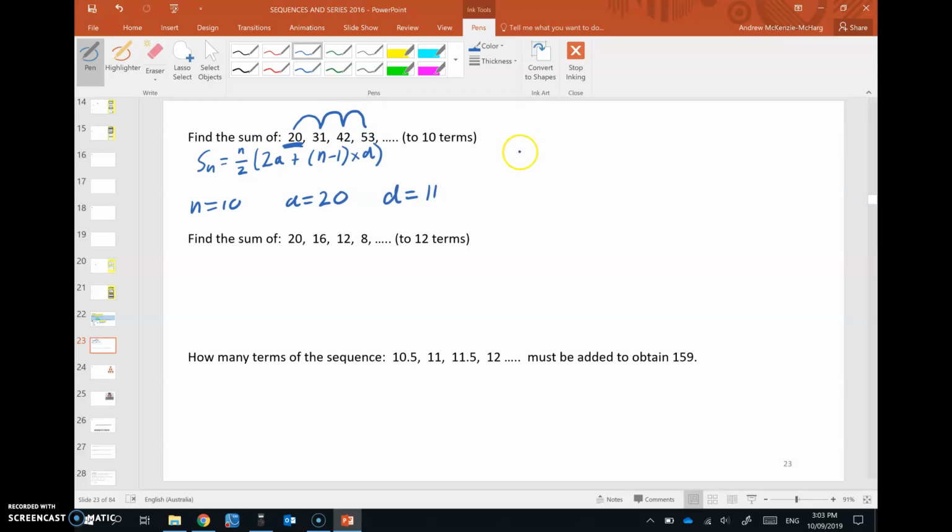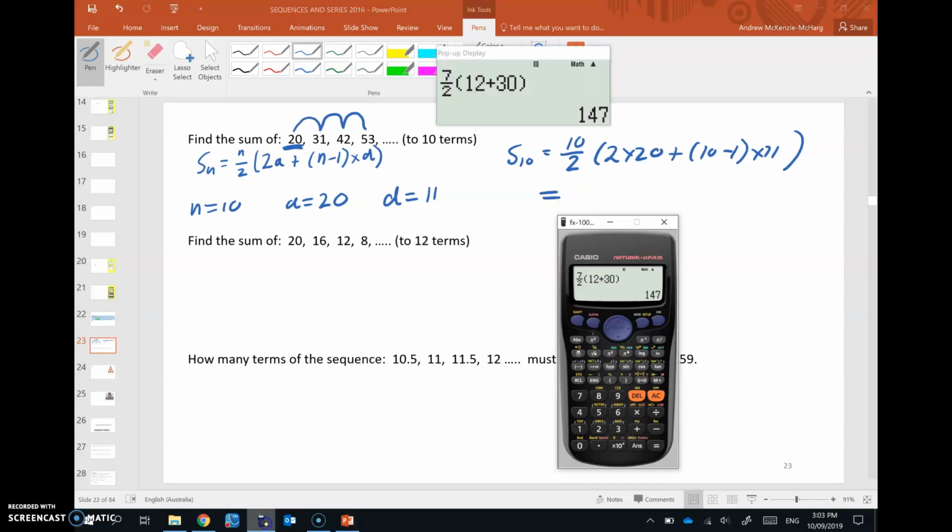Okay, so let's use this formula. 10/2, 2 by 20, plus 10 take 1 by 11. So that's what we're going to put into the calculator.